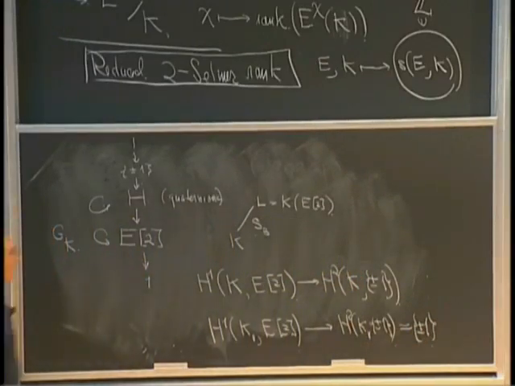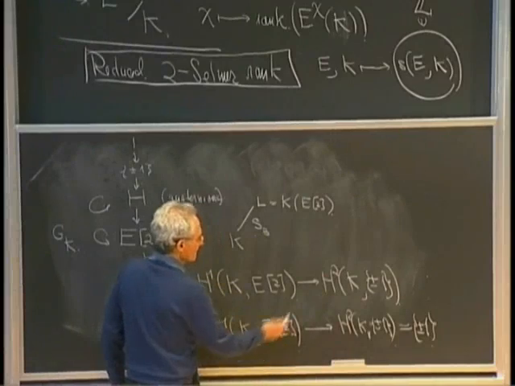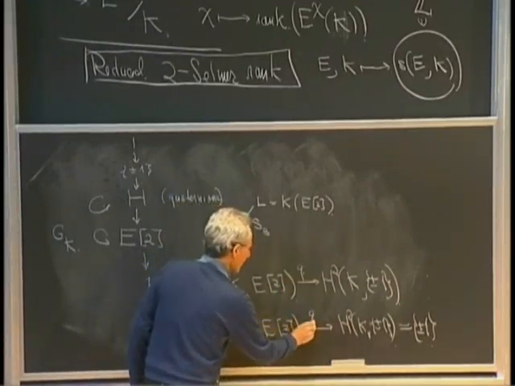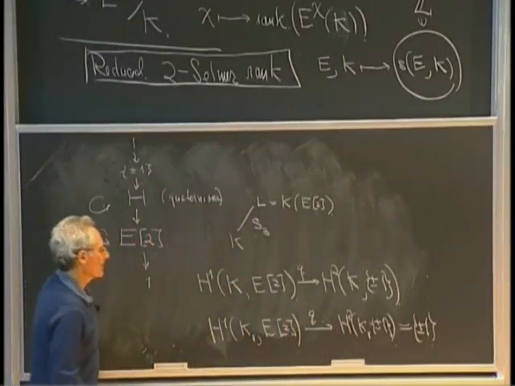But this is not a homomorphism. We'll call that Q, we'll call that Q_v. It's quadratic.